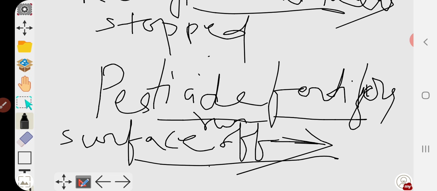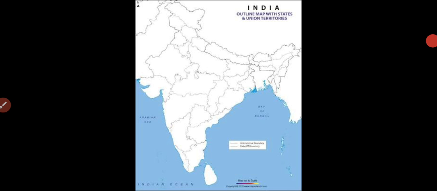Now let us proceed with the map skills. Today I am going to plot two maps. One is related to the Himalayan rivers, and one is the lakes. The first one that I am going to plot is the Himalayan rivers. The first one is river Indus.